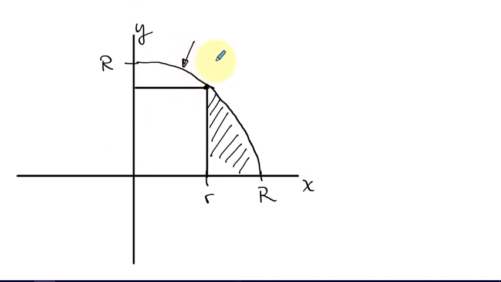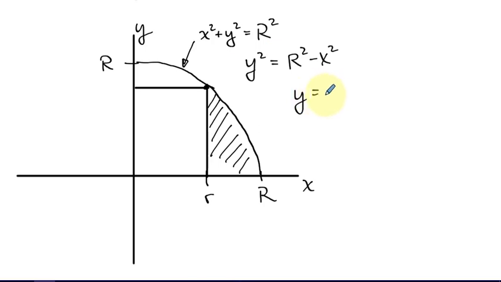So what's this curve? This comes from a circle with a center at the origin, so the equation would be x squared plus y squared equals big R squared. If we solve for y and take a square root of both sides, I'll just use the positive only because I'm going to assume positive values for y in this portion of the curve.